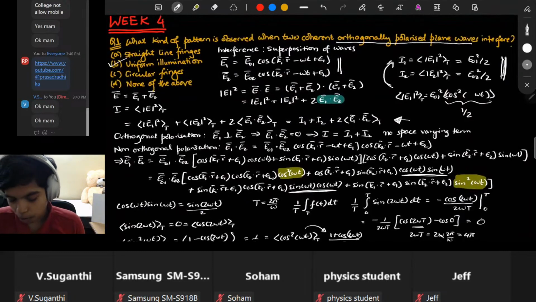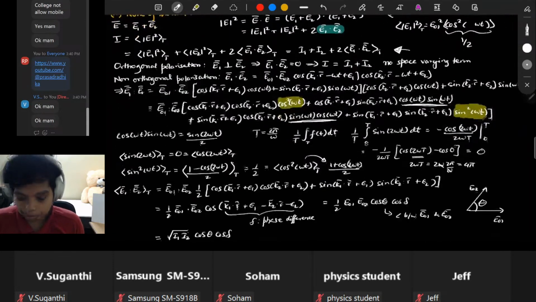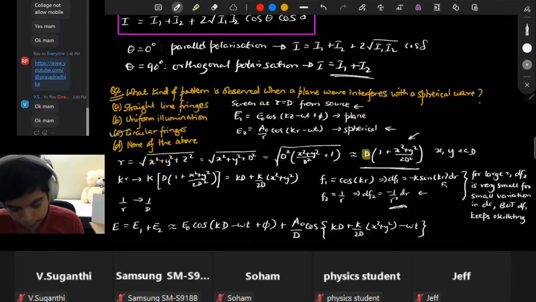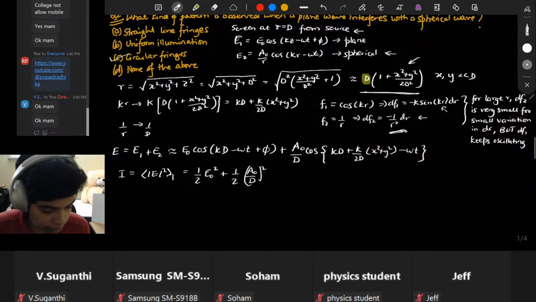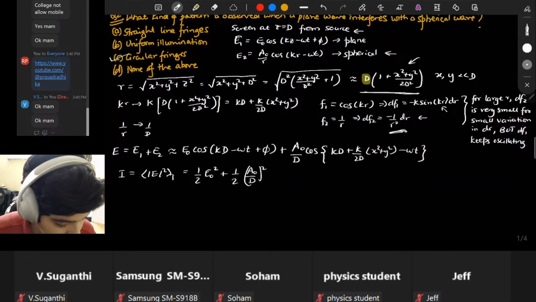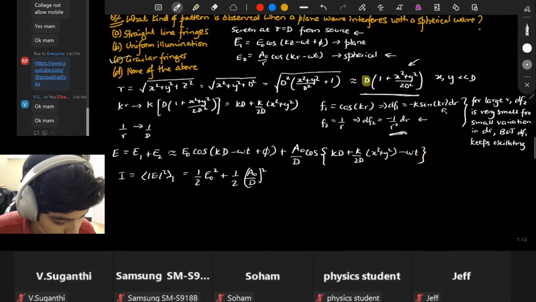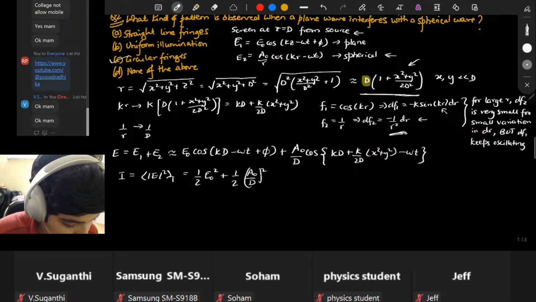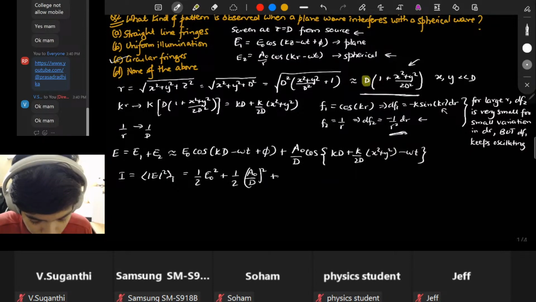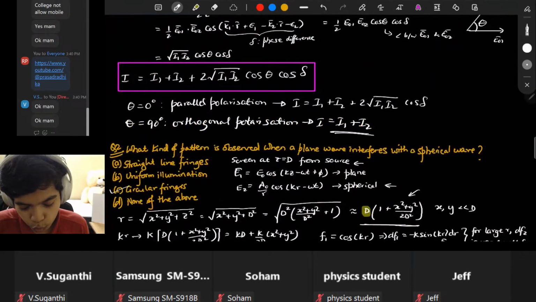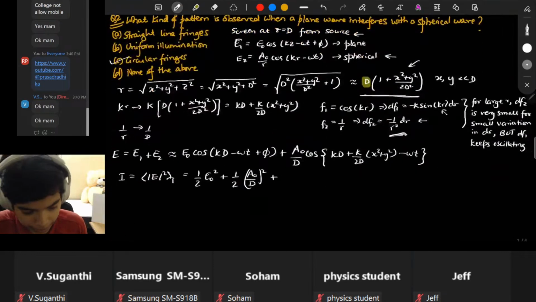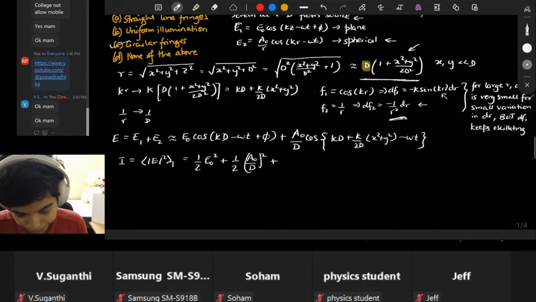This is how we found I1 and I2. Then we need to write down the cross term, which is the interference term. The cross term is 2 root I1 I2 cosine delta, where this is E naught A naught by d.